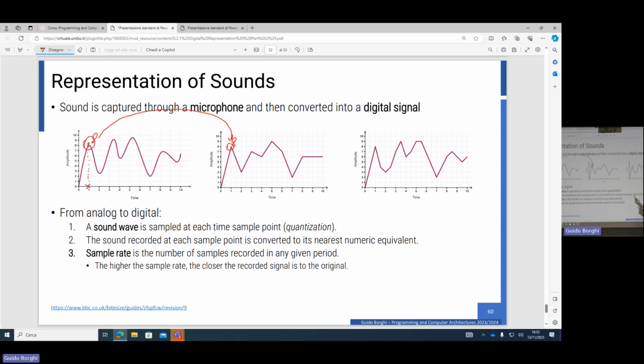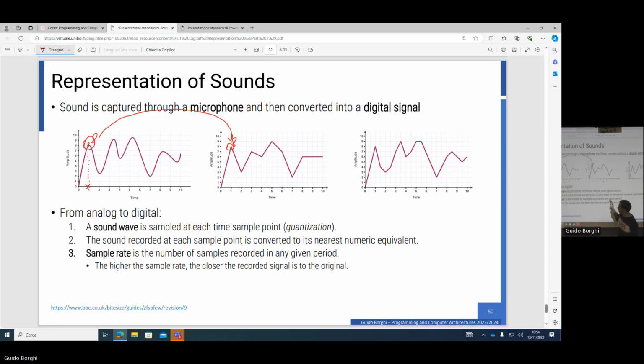Then we can repeat this procedure to obtain, for example, this digital signal or the following one. The difference between these two digital signals is the sample rate, that is the number of different samples recorded in a given period.